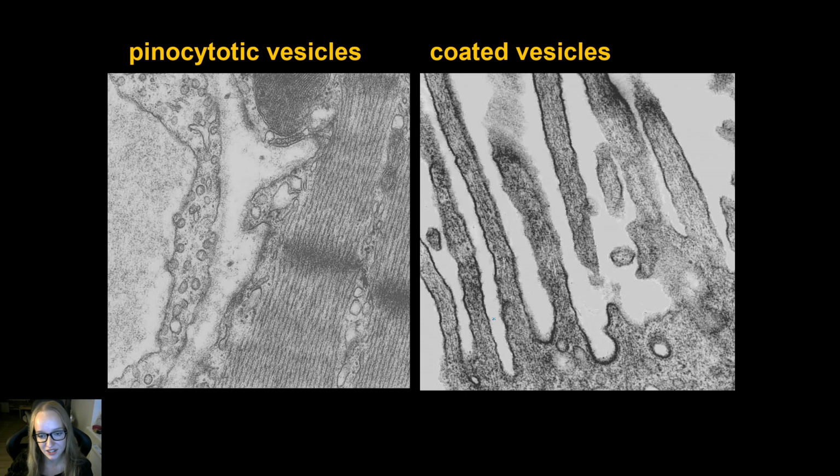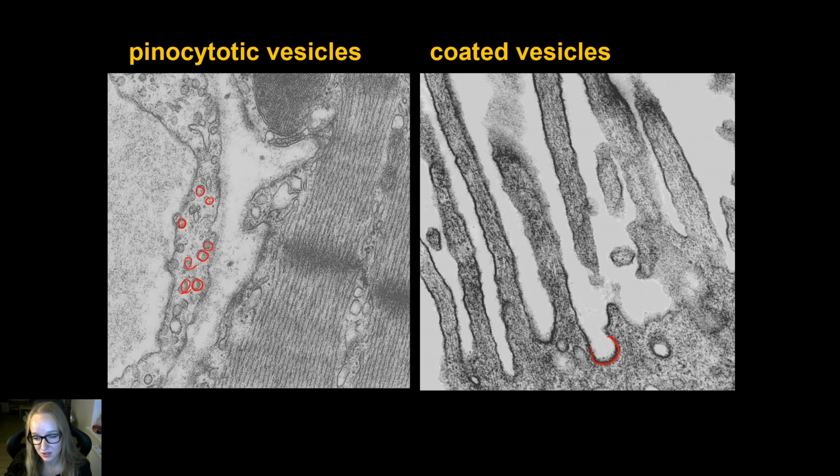Okay, so these are the pictures from the lecture before, and these are the pinocytic vesicles right here, in a cell that is transporting. And this is receptor-mediated endocytosis.